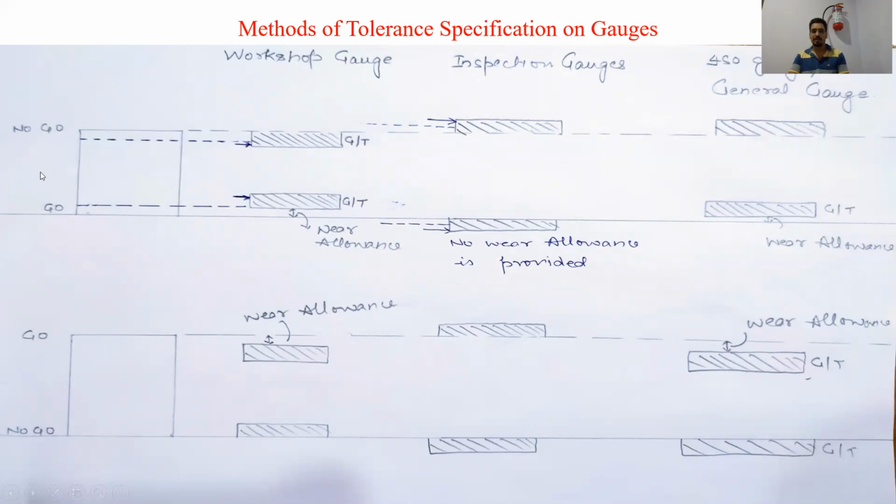But according to the condition, it should be rejected. But it will not be rejected because our hole is perfectly matched with the lower limit and the upper limit.